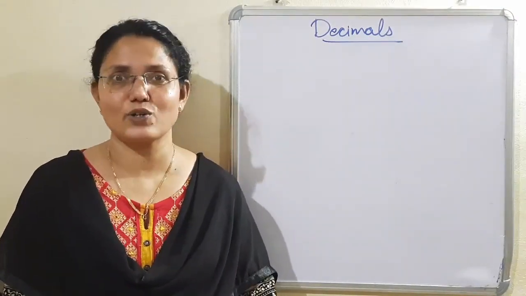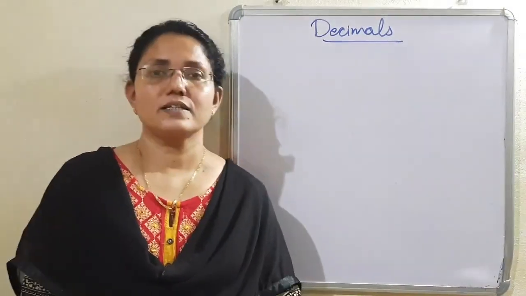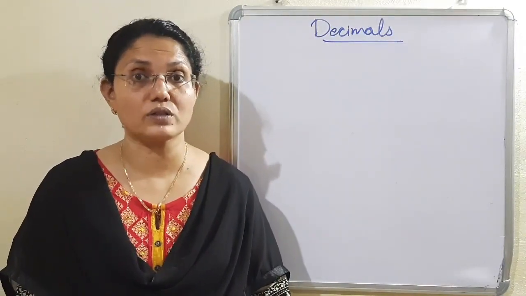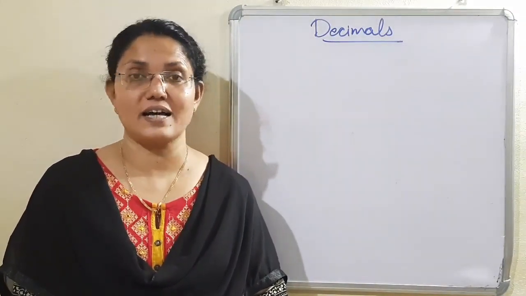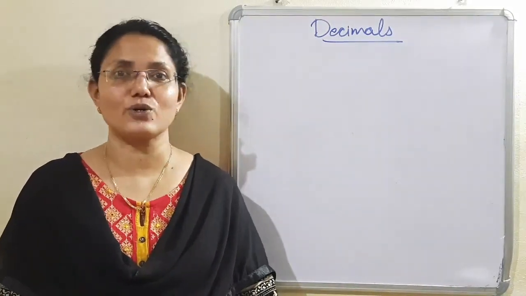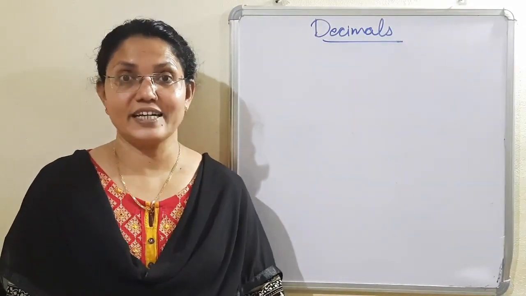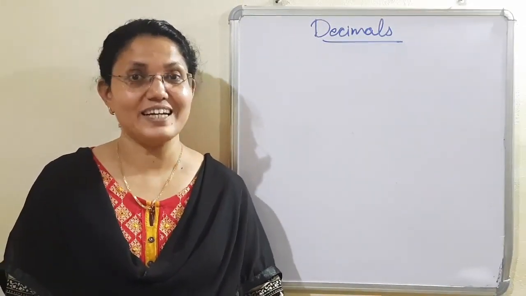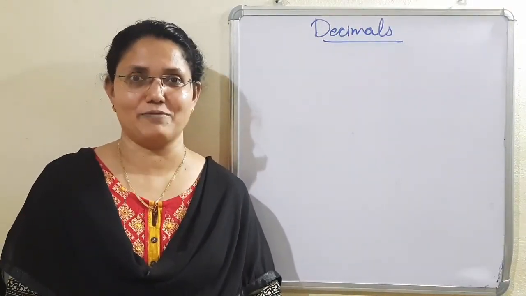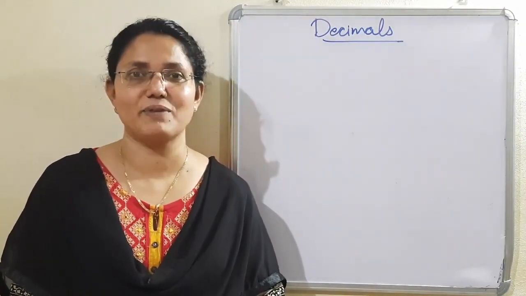A fraction with the denominator 10, 100 or 1000 we can express as a decimal number. In higher classes you will study how to express other fractions as decimals. But in this class we are studying how to change a fraction with the denominator 10, 100 or 1000 into decimal numbers. For this we can learn the place value chart of decimal numbers.